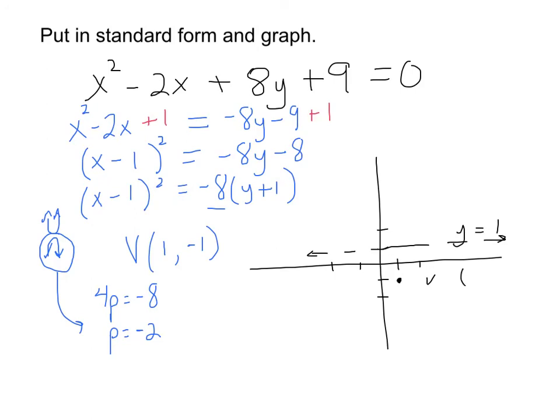The vertex is at 1, -1. The focus is going to be 2 down from here. So my parabola is going to go down, and then I just need to write the point for the focus. And the focus is going to be at 1, -3. And that's how we do that.